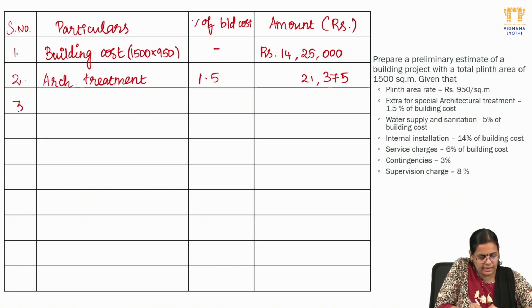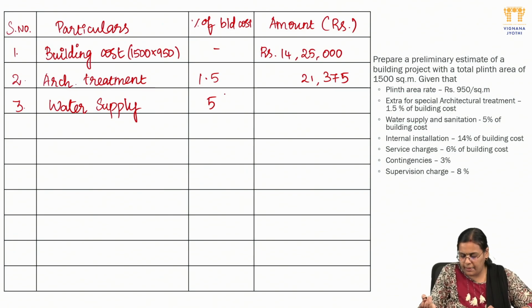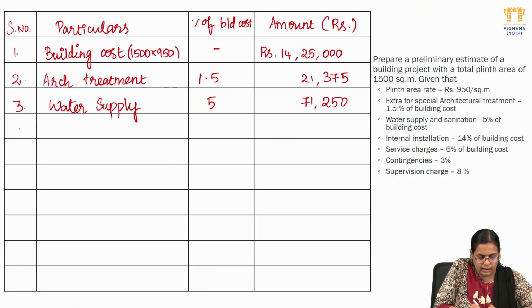So the next percentage is for water supply. Since it is an approximate estimate, no details of water supply work, architectural works are given in this problem. So they are preparing approximate estimate. This is 5% water supply, which sums up to be around 71,250.